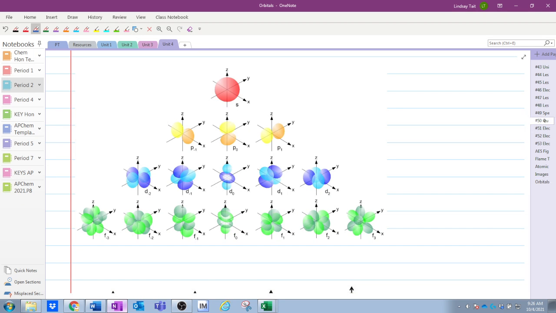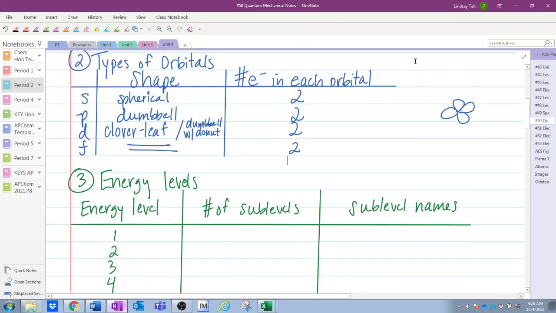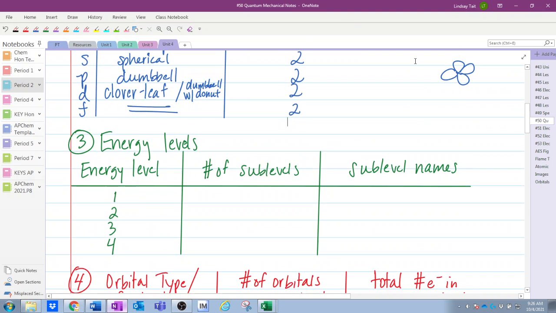All right, so now we know that there are different energy levels. But one thing that the Bohr model was not good at, that the quantum mechanical is going to do a better job, is the energy levels can be divided into sublevels.